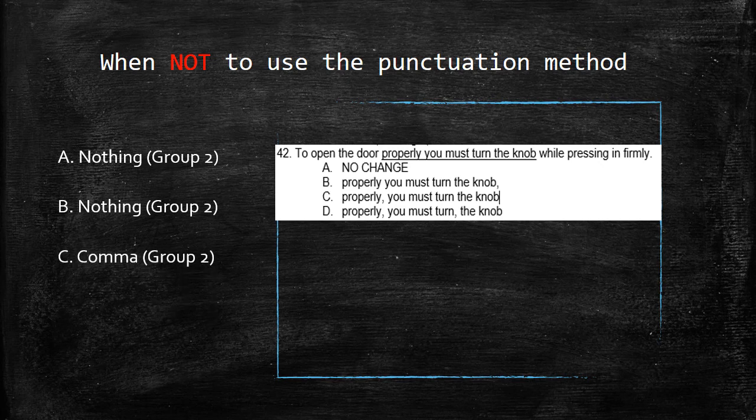So that will tell you right there, well, I don't need to use the punctuation method, because the punctuation method is all about telling us which groups are right and which groups are wrong. And if you only have group 2 punctuation all the way through, then of course group 2 is going to be right. One of those answer choices there is going to be right, okay?